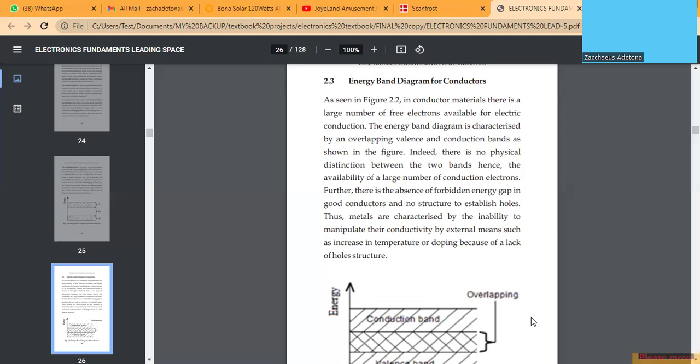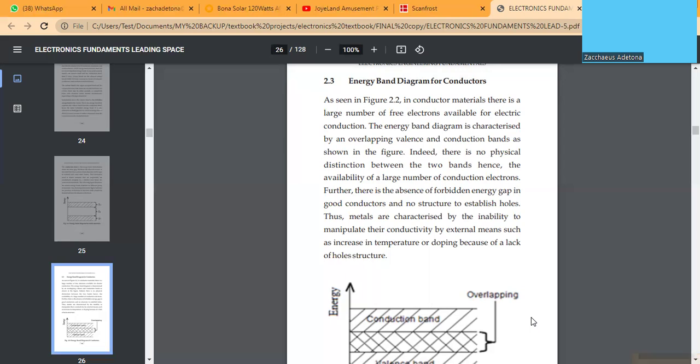And that means the conductors or metallic elements are able to conduct at ordinary temperature because the valence band actually overlaps the conduction band. So there's no forbidden energy gap. That means electrons in the valence band already made their way into the conduction band at ordinary room temperature.